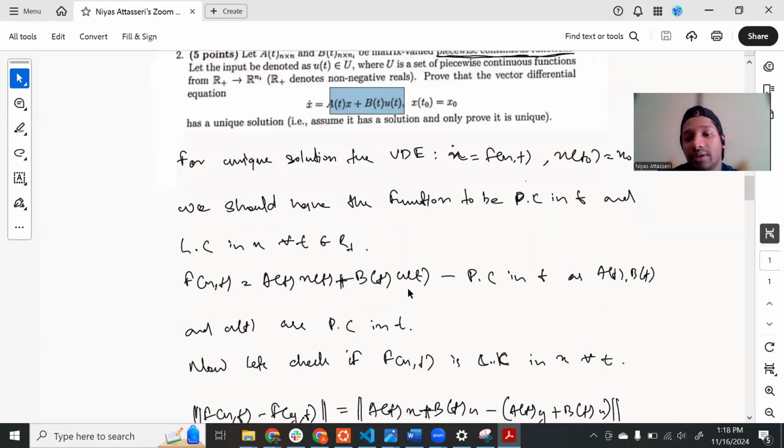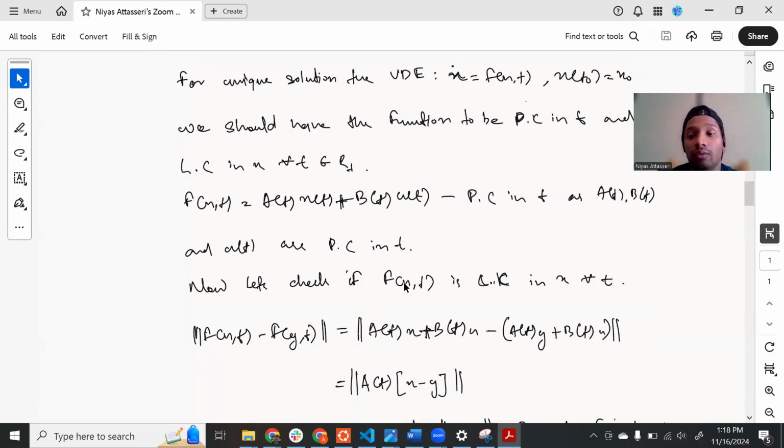Now, how do we know that it is piecewise continuous in t? Because we know that A of t is piecewise continuous, B of t is piecewise continuous, and u of t is piecewise continuous. So any function of A, B, and u will also be piecewise continuous. So the whole equation is piecewise continuous in t.